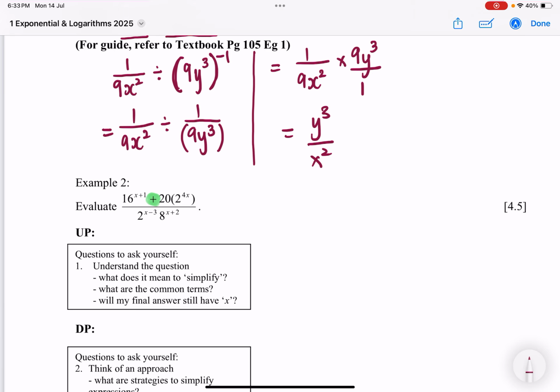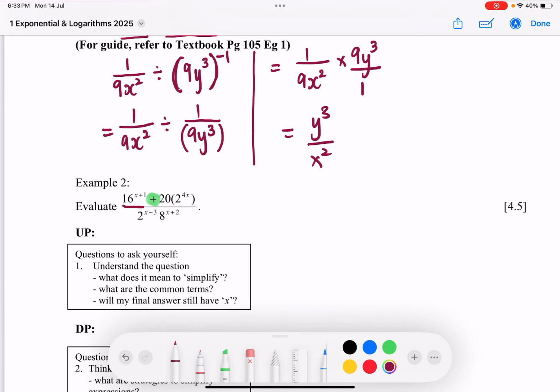If it's product or divide, then we can actually combine the terms together. You either add the powers or subtract the powers. There are some ways that you can combine the two things together. However, there was no rule for when it's a plus or minus. So technically speaking, there is no way you can combine these two expressions, even if you write it in terms of the same base.